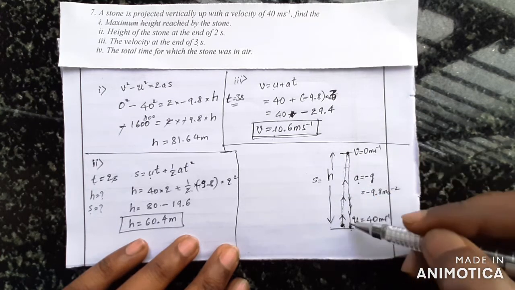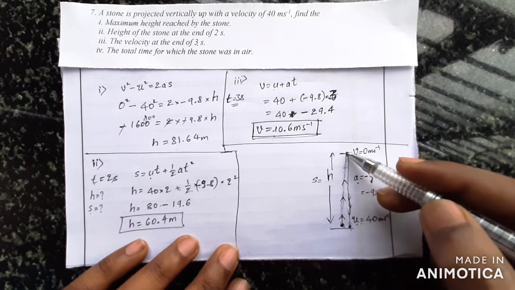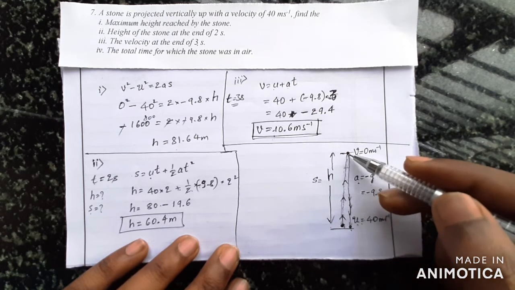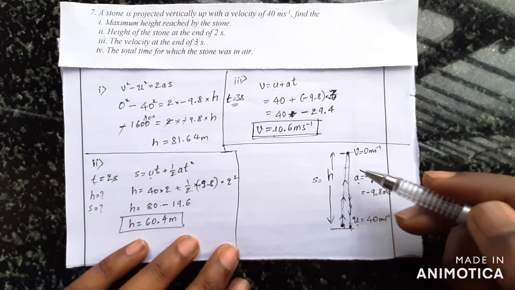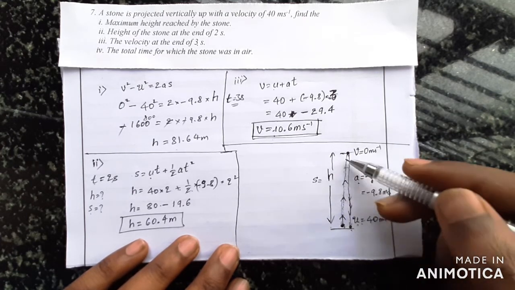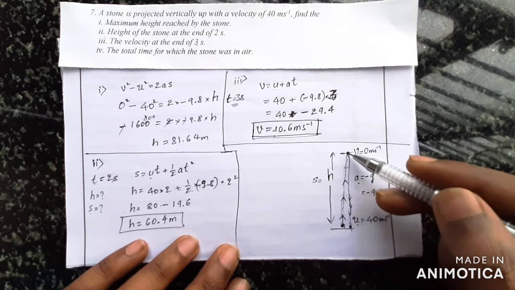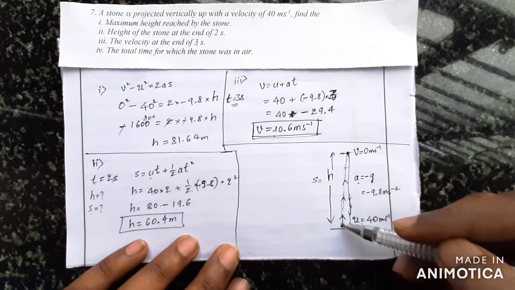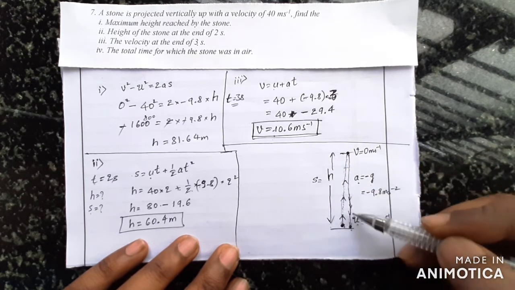Both the motions will take the same time, and they will cover the same distance, isn't it? When I throw a stone upwards, the stone will take the same amount of time to reach the top from the bottom, and it will take the same amount of time again to reach the bottom from the top.